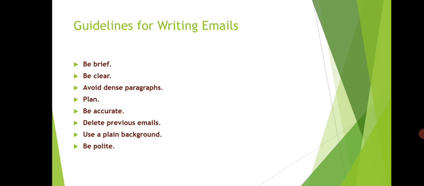That is very important. You have to focus on that and stick to a plain white background. Some people might use patterns or motifs in the body of an email that risks making you look childish and immature. So be sure to use a plain white background. Then be polite. That's very important. Avoid writing sarcastic or angry comments, and always be polite. These are some guidelines for writing emails.